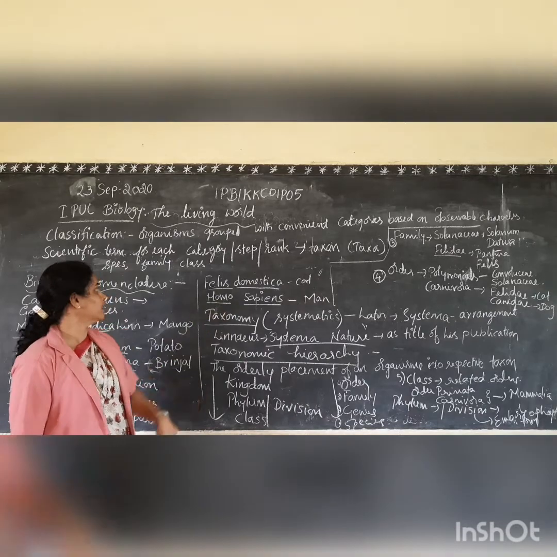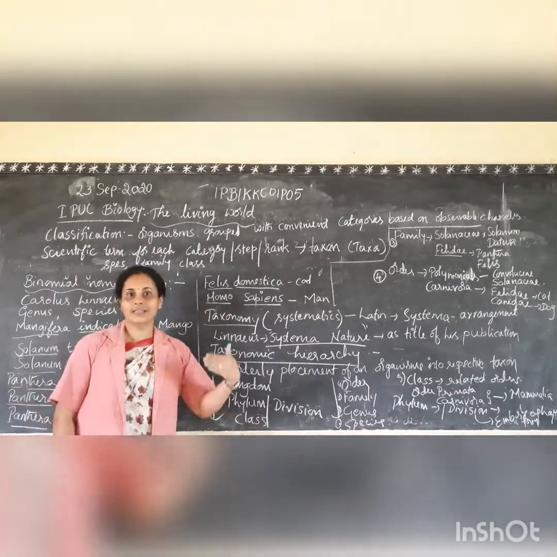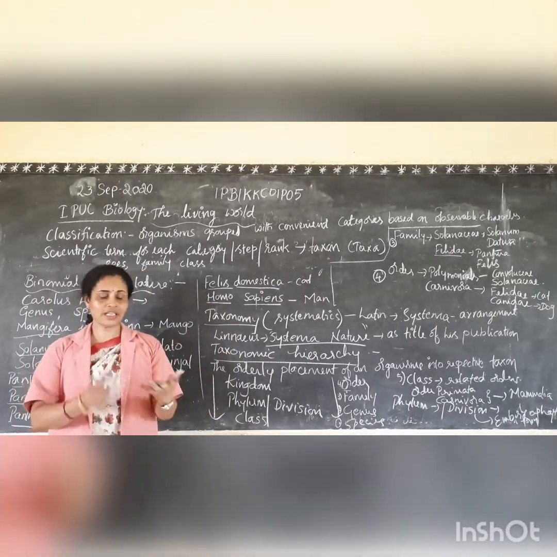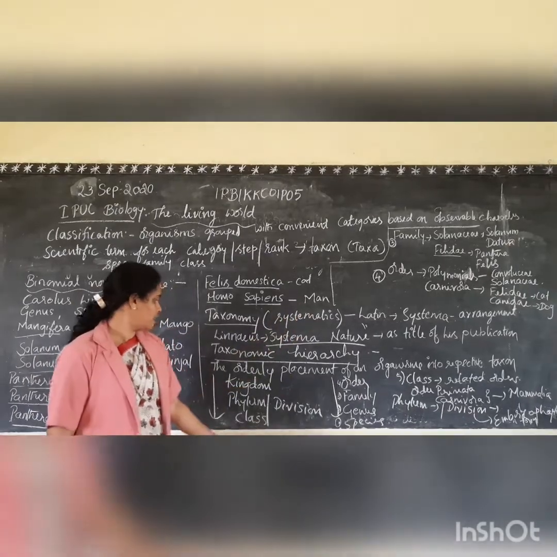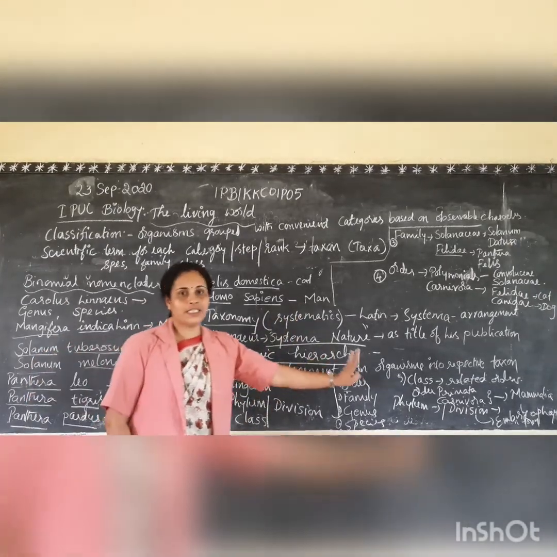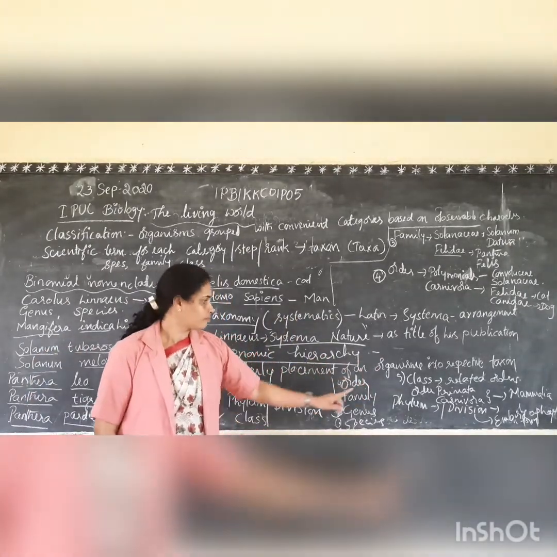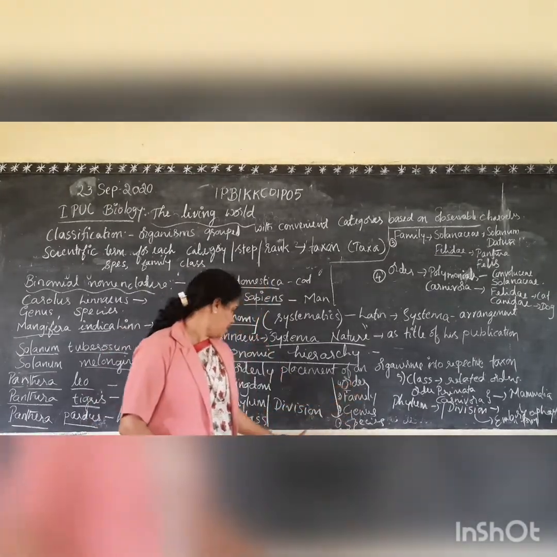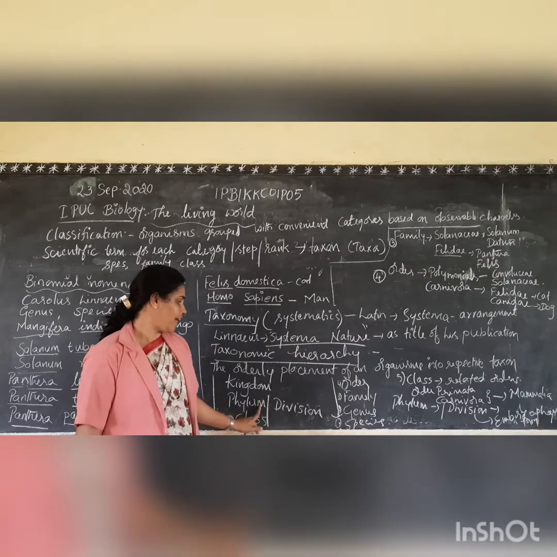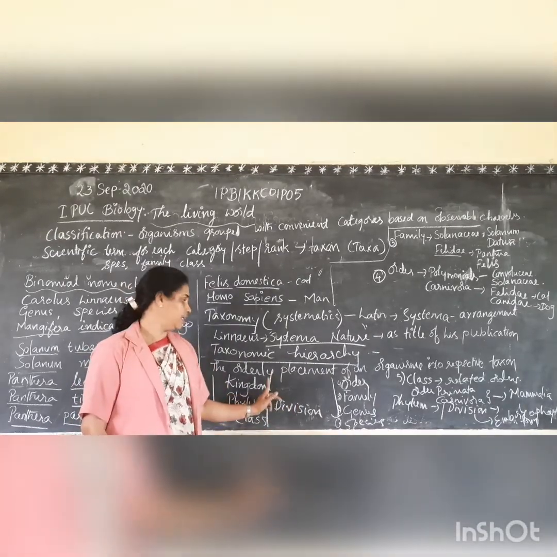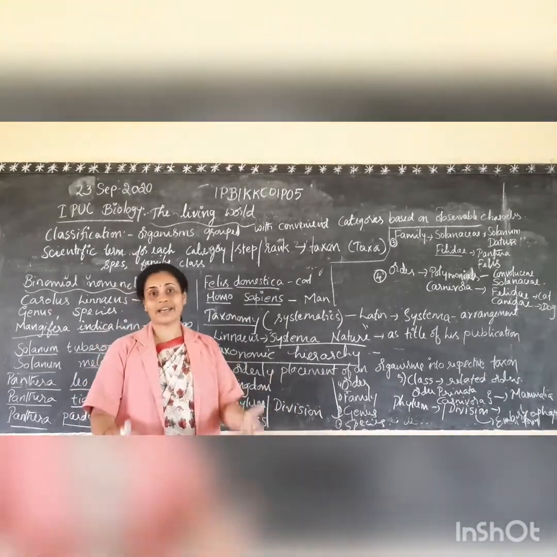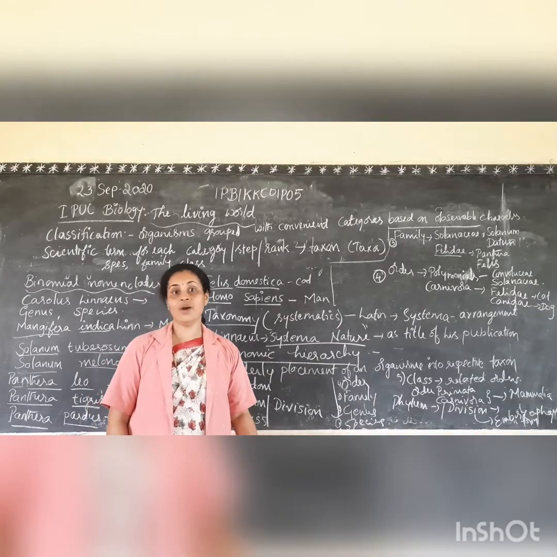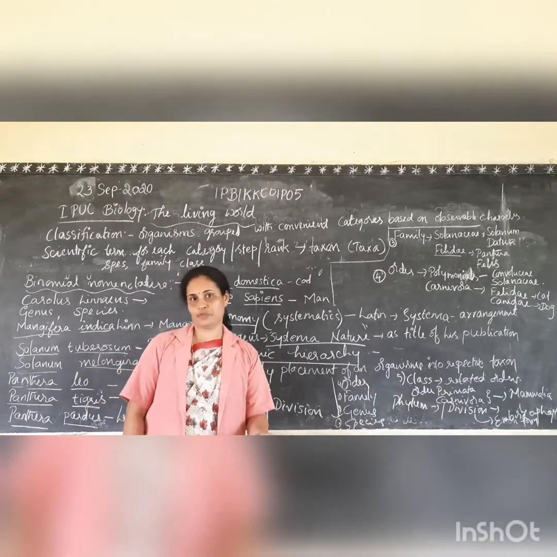There are categories or ranks you can make out in a classification. Which are the ranks? Mainly species, genus, then family, order, class, phylum or division, and finally kingdom. These are the ranks or categories in classification.